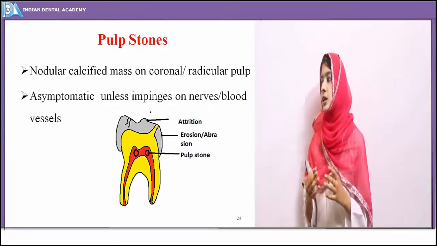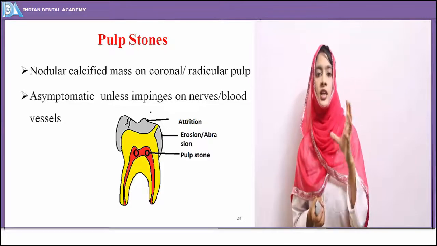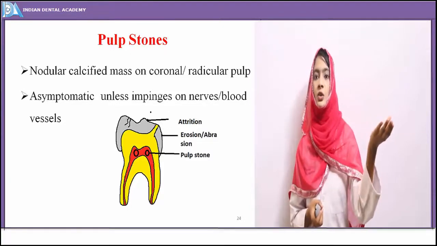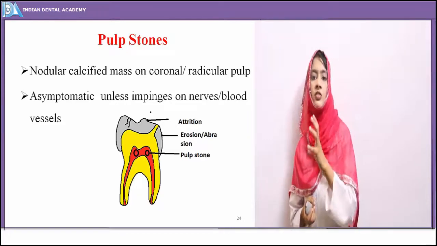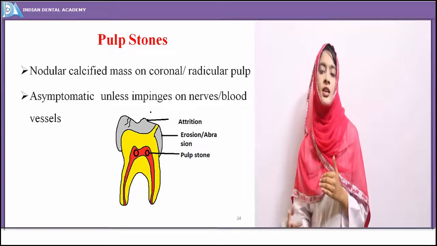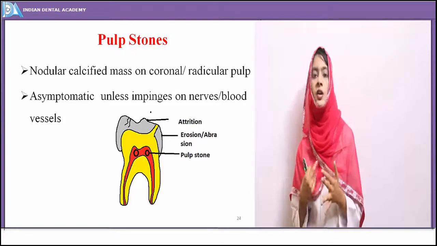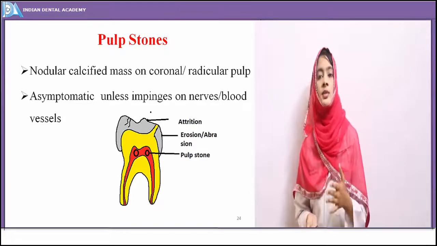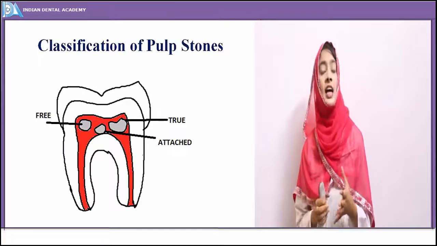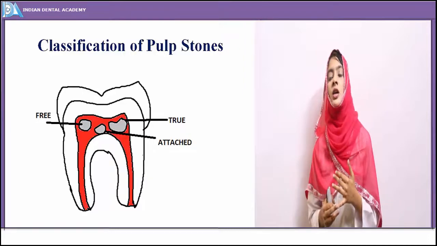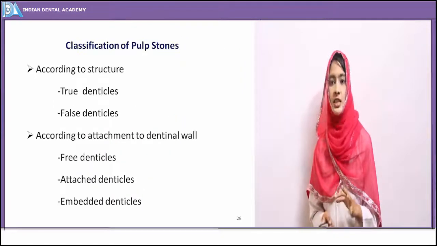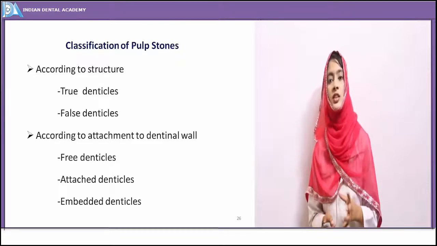Denticles may be attached to the dentinal wall or lying free in the pulp chamber. Based on their relation to the dentinal wall, they are divided as free, attached and embedded pulp stones. There is also a difference between true and false denticles based on structure.